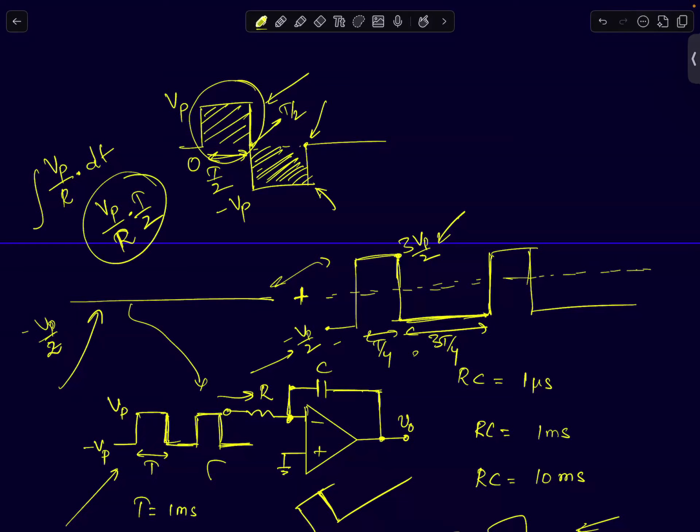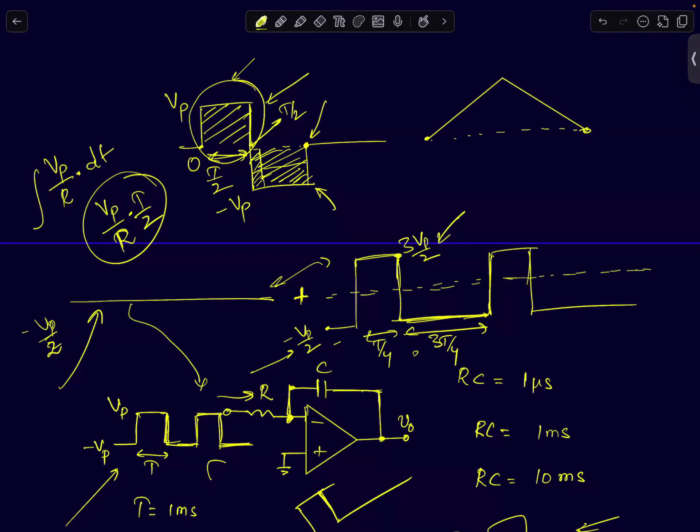Then you slowly start taking away this charge during the negative half cycle. As time increases, you take away all the charge that you delivered in the positive half cycle. If your capacitor voltage initially started with some voltage, it would have reached a peak value, and it would again return to the same voltage because now you have removed all the charge.